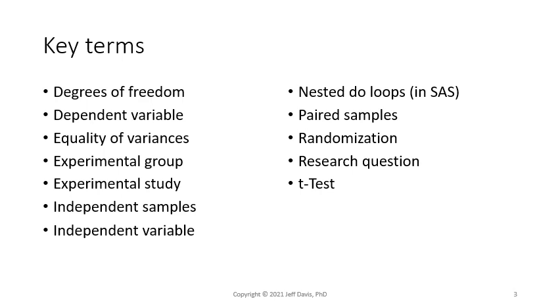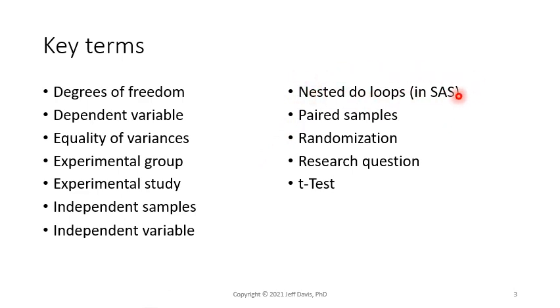Some of the key terms here you've seen already, and we've talked about them in the lecture for Chapter 9. The one thing you haven't seen, though, is this concept right here: nested do loops.